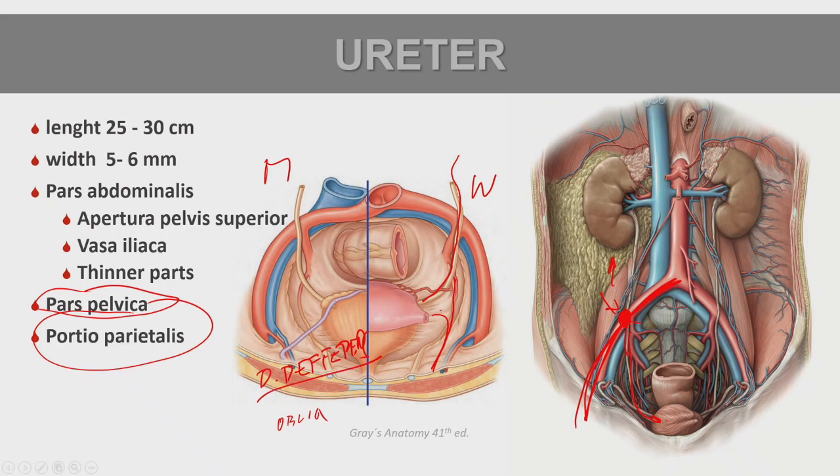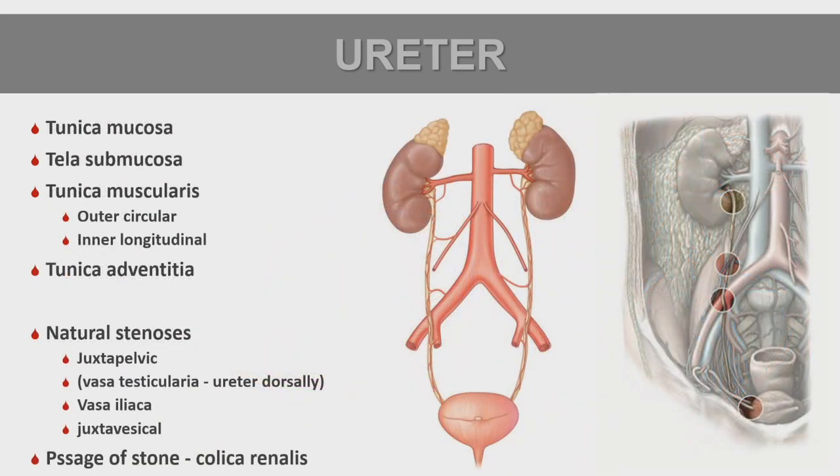So, the ureter is a tube, and the wall of the ureter, like in other tubular structures, is made by mucosa, tela submucosa, which is loose connective tissue. Then we have a tunica muscularis. In the muscular layer, in comparison to the GI tube, we have an outer circular and inner longitudinal layer.